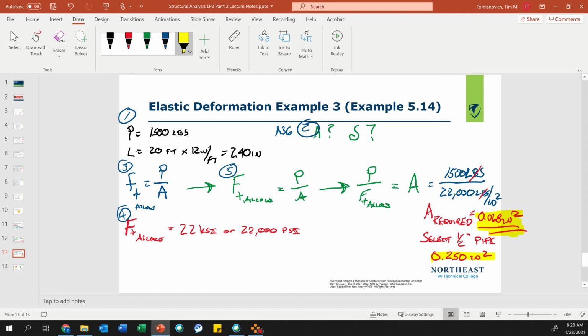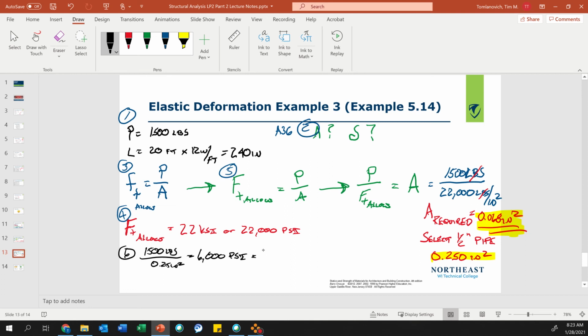Step 6: we want to make sure our load, 1,500 pounds, divided by 0.25, because that's the area that we selected, equals 6,000 psi. That is our actual stress.